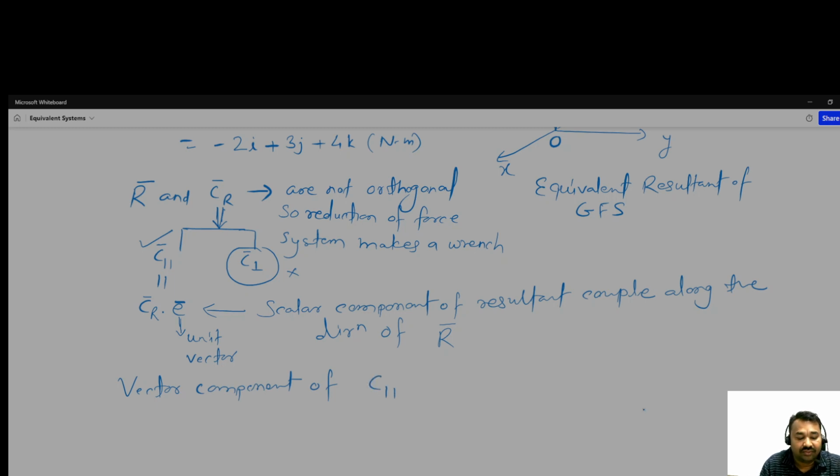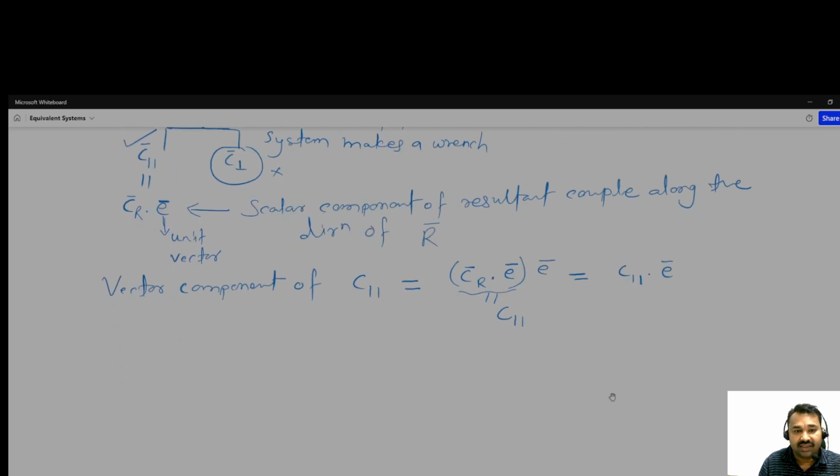This can be equal to CR, which is a vector, multiplied by the unit vector, and further multiplied by the unit vector. As we know, this is equal to C parallel in the scalar form. So this can be written as C parallel multiplied by the unit vector. In this way we can get the vector component of C parallel.